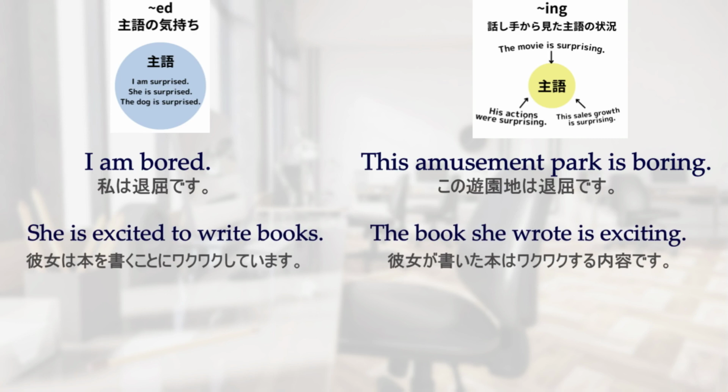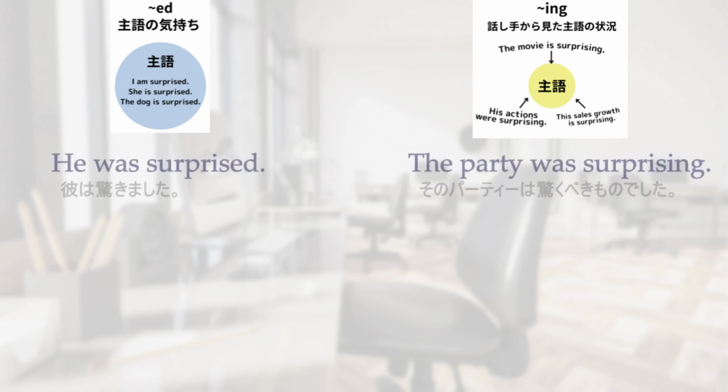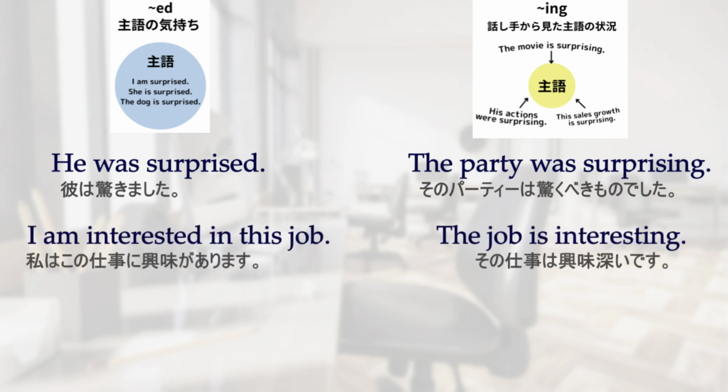The book she wrote is exciting. John is tired of his job. This job is tiring. He was surprised. The party was surprising. I'm interested in this job. The job is interesting.